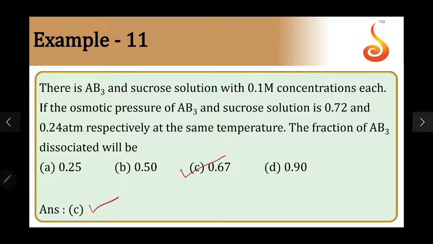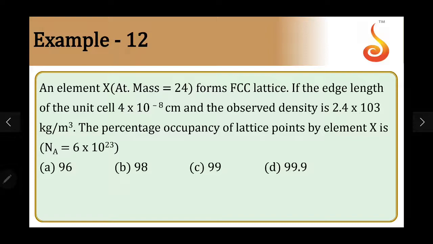Example 12. An element X, atomic mass 24, has FCC lattice. If the edge length of the unit cell is 4 into 10 power minus 8 centimeter and the observed density is 2.4 into 10 power 3 kg per meter cube, find the percentage occupancy of lattice points by the element X. Na is given as 6 into 10 power 23.